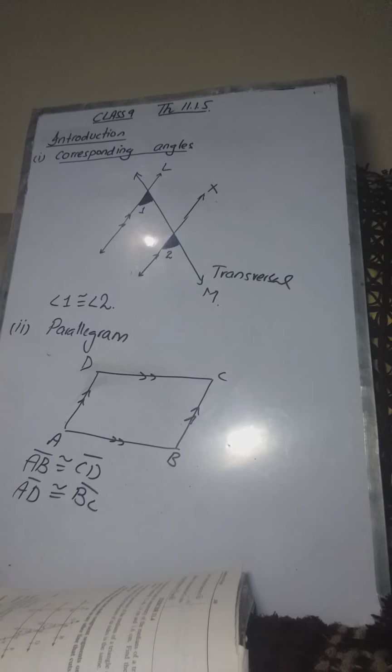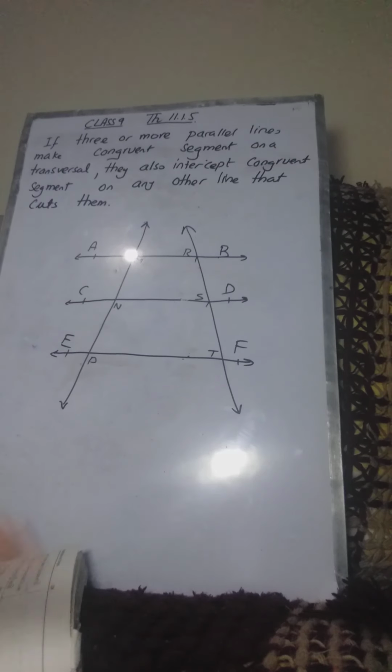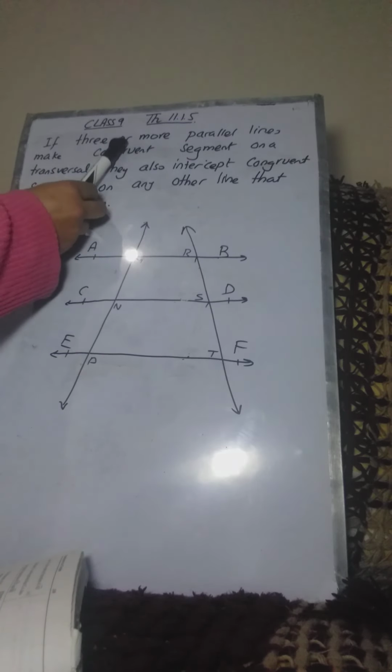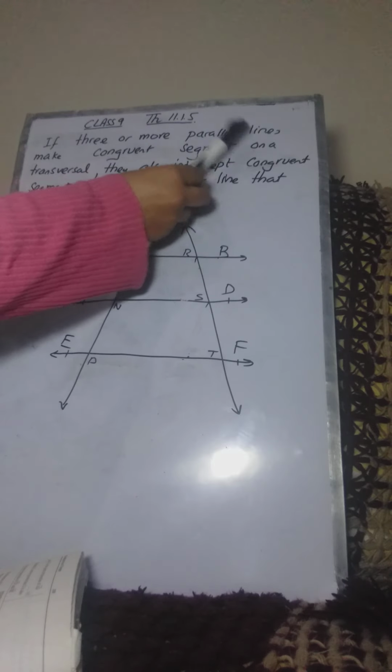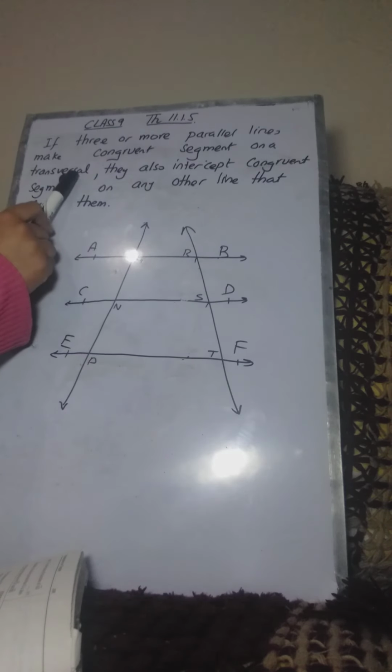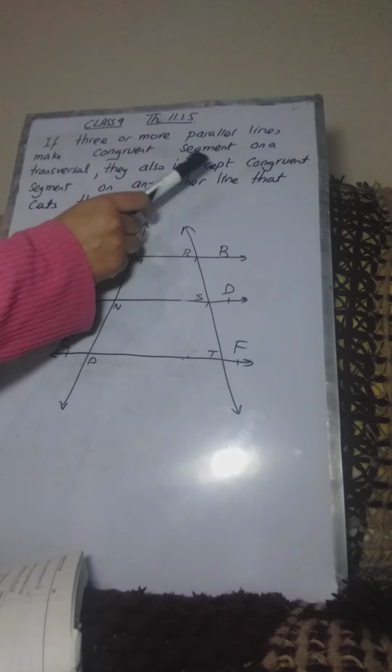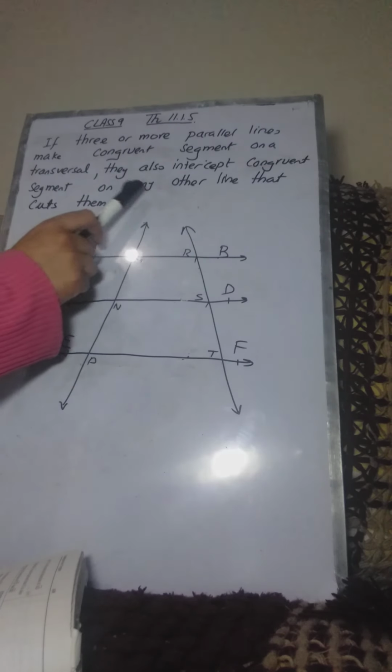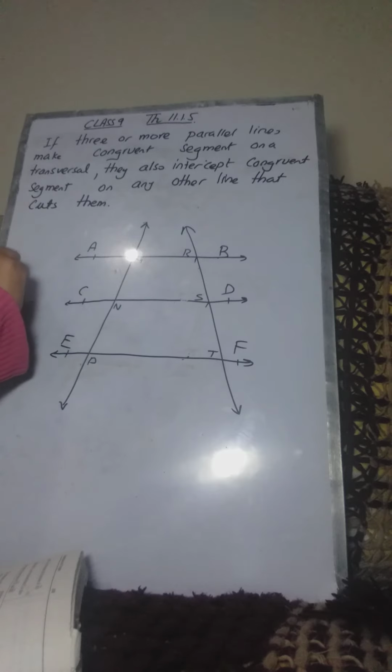So let us start the theorem. Now theorem 11.1.5, the statement is: if three or more parallel lines make congruent segments on a transversal, they also intercept congruent segments on any other line that cuts them.